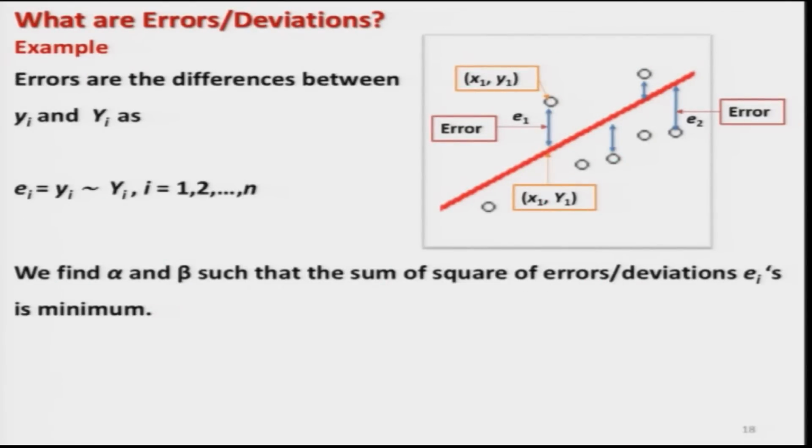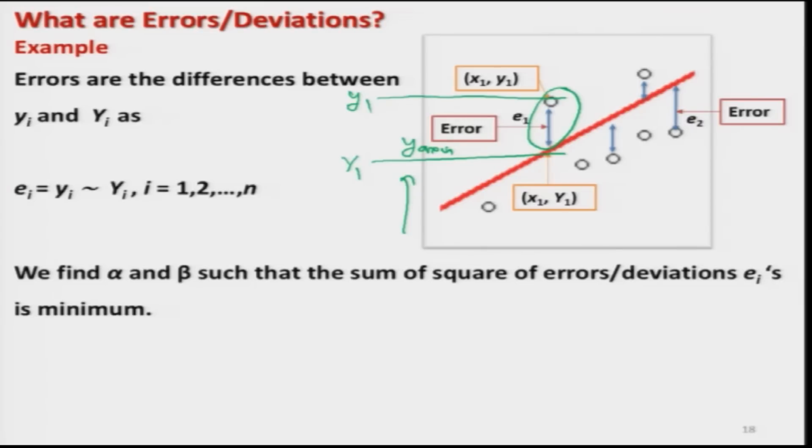So, you can see in the same picture that this difference or this error or this deviation is essentially the difference between this value, capital Y1, and this value, small y1, on the y axis.